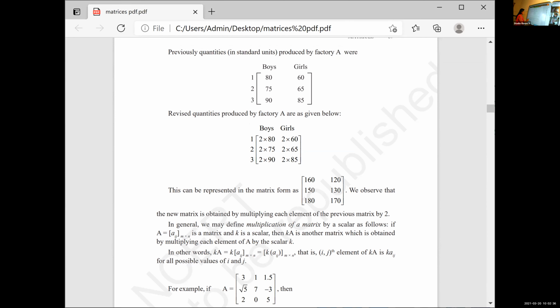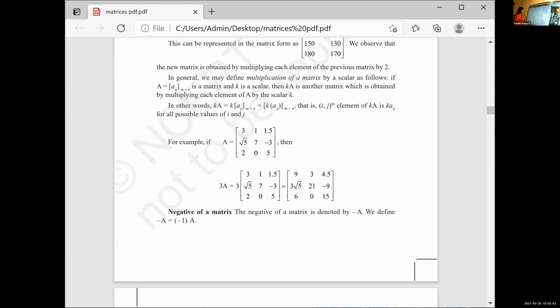If A = [aij] is a matrix and k is a scalar, then kA is another matrix which is obtained by multiplying each element of the matrix by the scalar k. A is given, we are defining 3A: multiply each entry by 3.